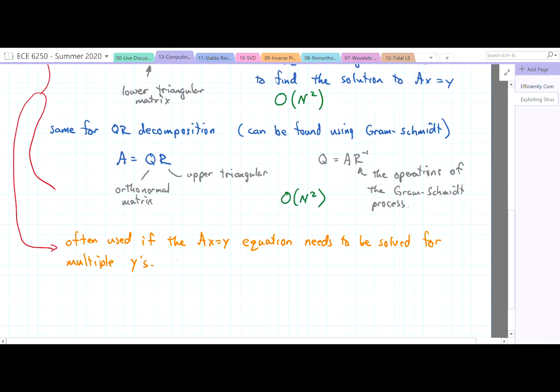However, they're often used even for a single y or a single set of observations, because they're more numerically stable.